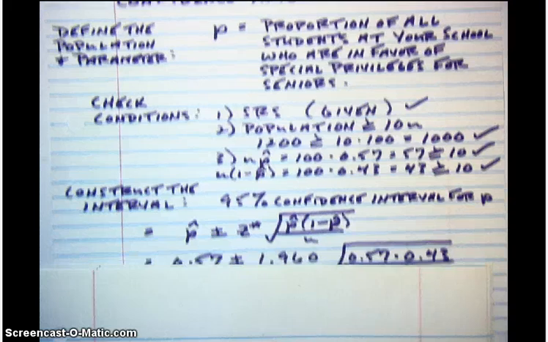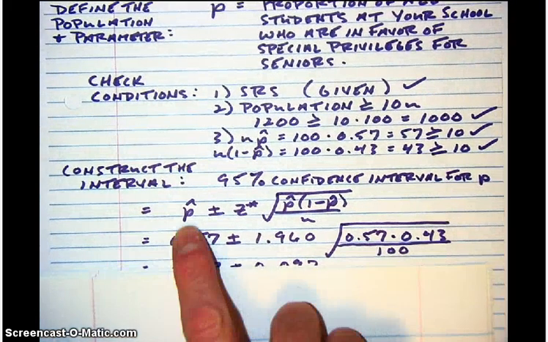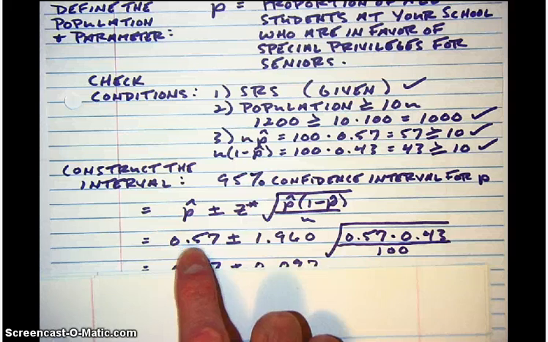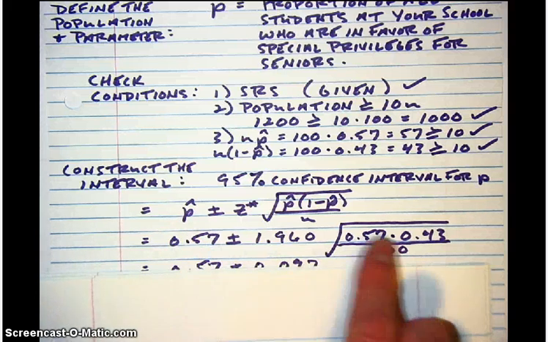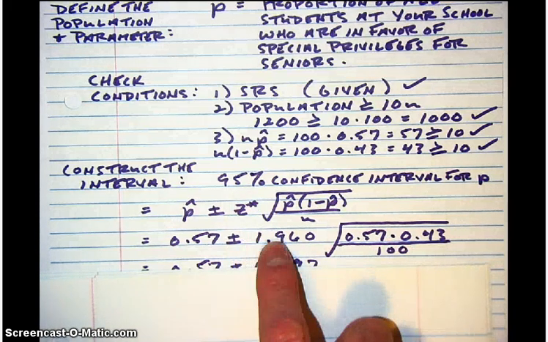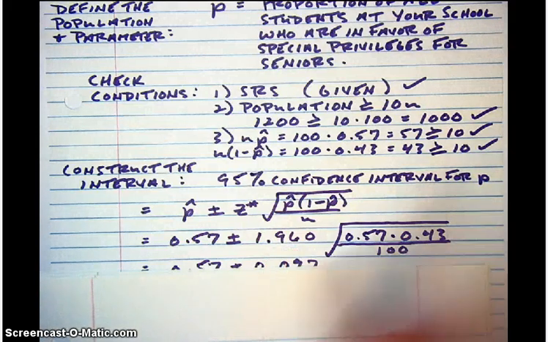Construct the interval. It's a 95% confidence interval for P. The formula is P hat plus or minus Z star times the square root of P hat times 1 minus P hat over n. We're going to plug in 57%, or 0.57, for P hat and 0.43 for 1 minus P hat. And then since it's a 95% confidence interval, we're going to use this critical value 1.960.